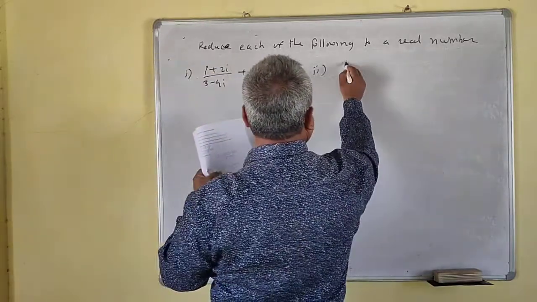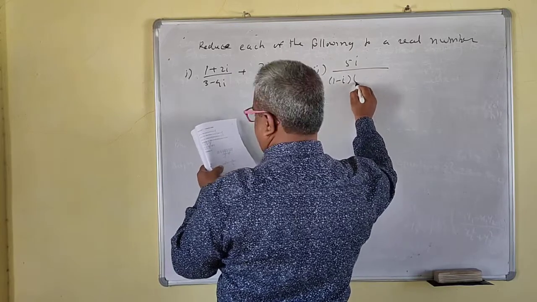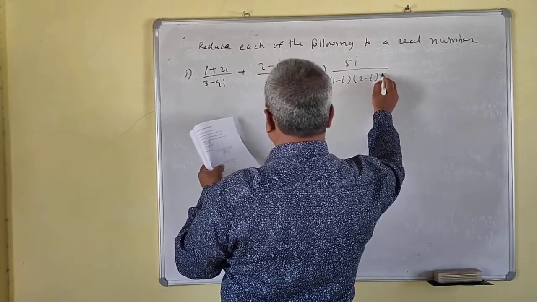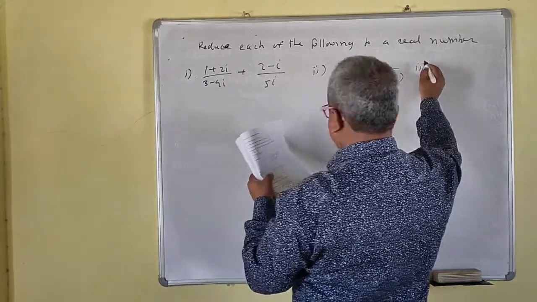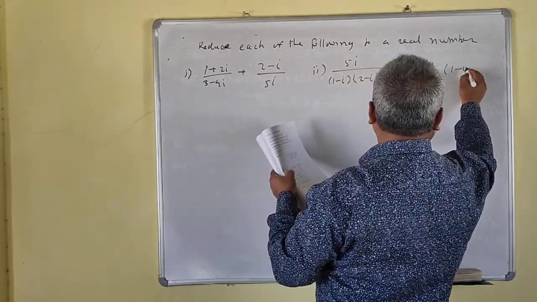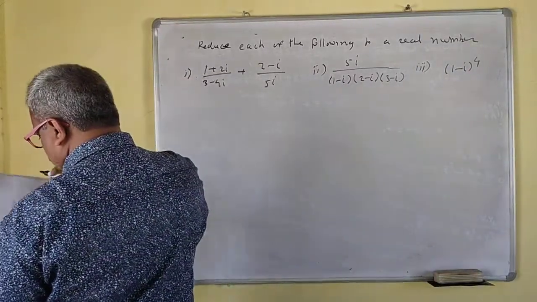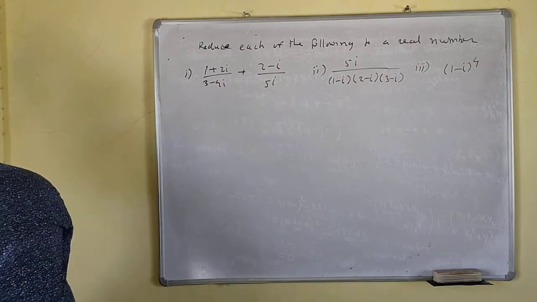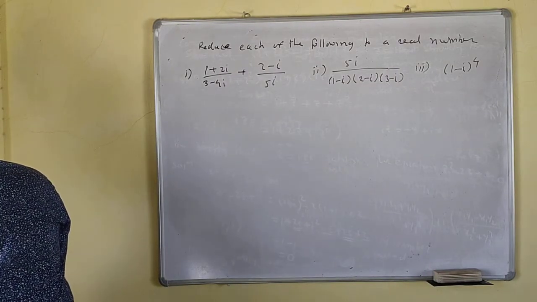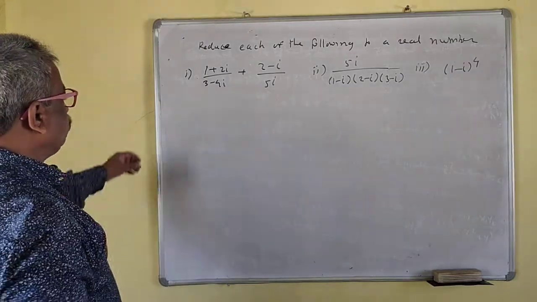Second, 5i upon (1 minus i)(2 minus i)(3 minus i). And third one, (1 minus i) to the power 4.